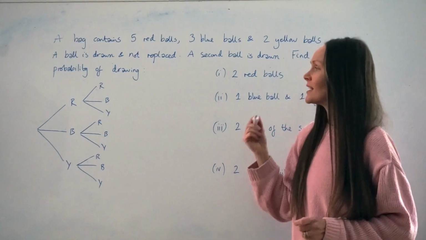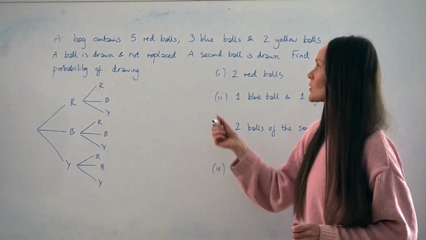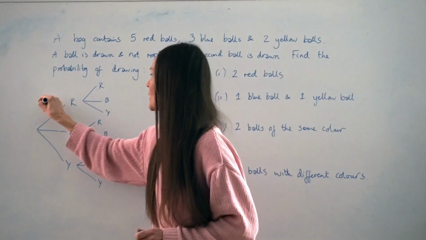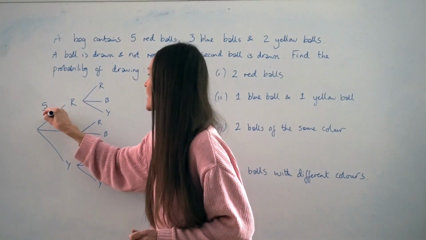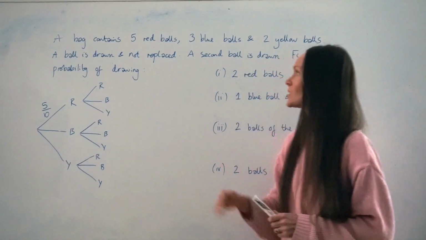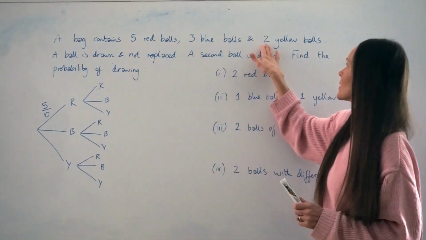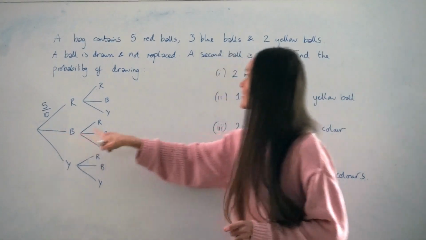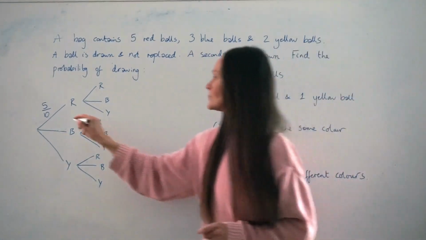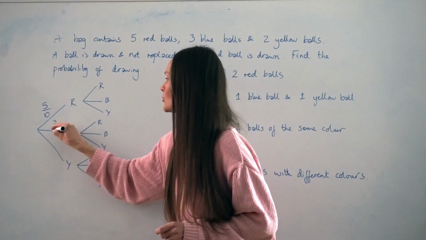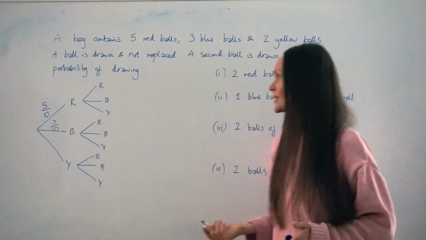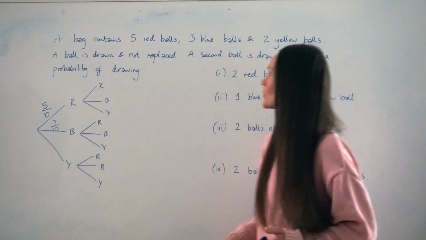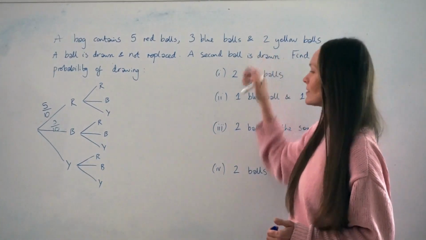The probability of taking a red ball on the first go is going to be 5/10. 5 because there are 5 red balls, and it's out of 10 because there are 10 balls altogether. 5 plus 3 plus 2 is 10. The probability of taking a blue ball is going to be 3/10 because there are 3 blue balls and again 10 balls altogether. And then the branch for taking a yellow ball on the first go is going to be 2/10.